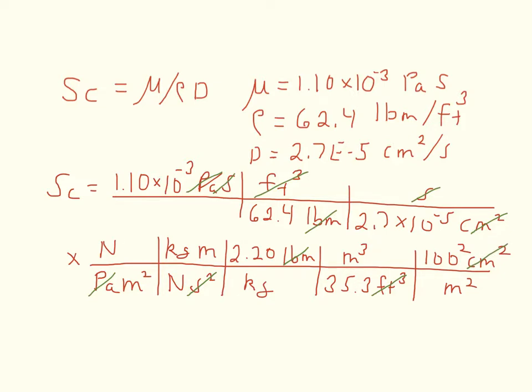The newtons cancel. Kilograms cancel. And I'm left with a meter and a meter cubed, so that's a meter to the fourth power, and here's a meter squared, and here's a meter squared. So all the units cancel out, and I can then calculate this to be 407. It's a dimensionless number, so it has no units.